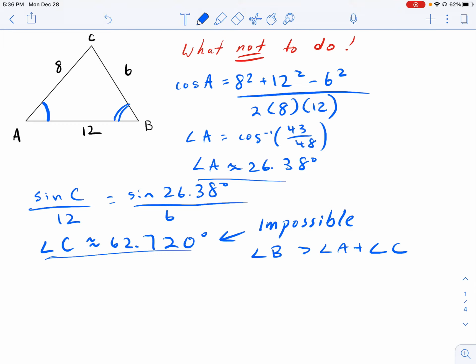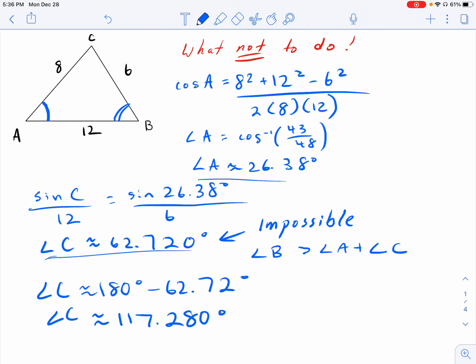But what we have to recognize then is that angle C is actually not 62.720. Angle C is actually the supplement of this angle. Angle C's actual value is 117.280. And how can we just find the supplement of that?